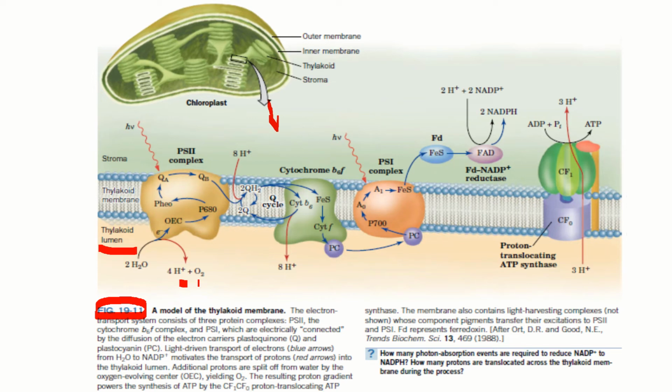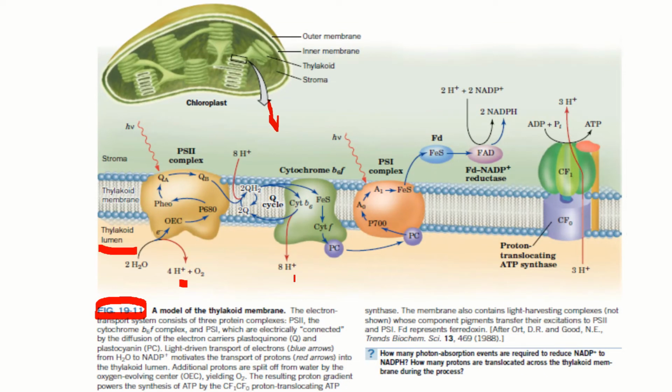So let us just forget it. Let us go after electrons and protons. And when the electrons are flowing through these carriers, you found earlier also that some of these are acting as proton pumps. So protons are being pumped into this thylakoid lumen.